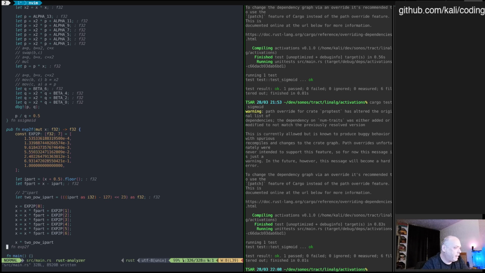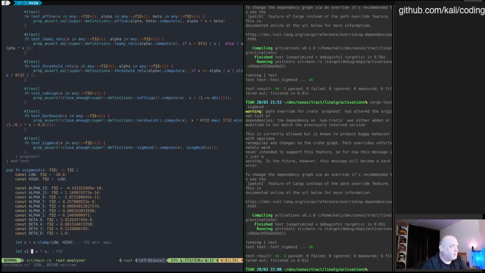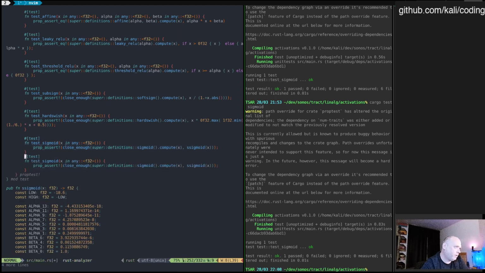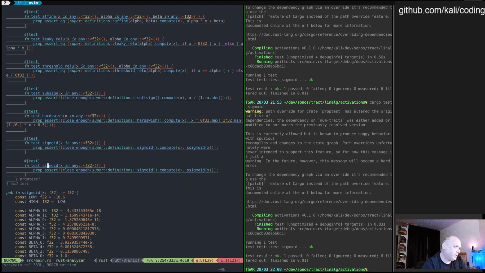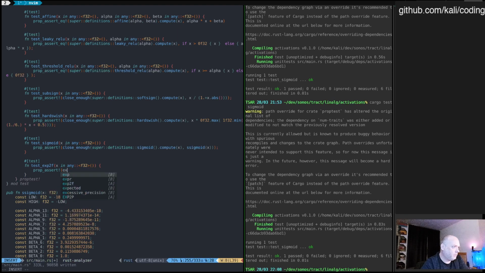So exp2f, I can test this function with a test. First I'm going to test my function against x dot exp2.